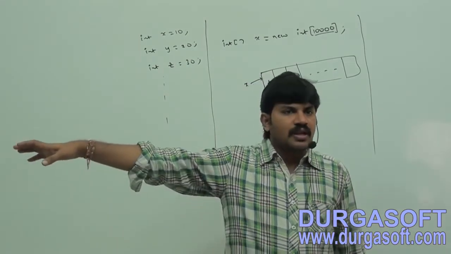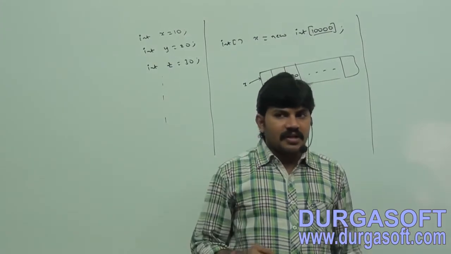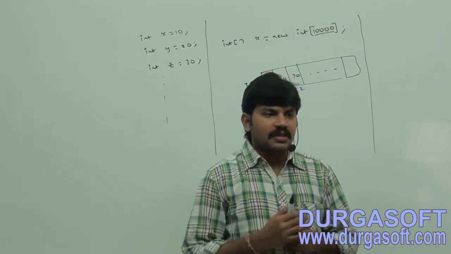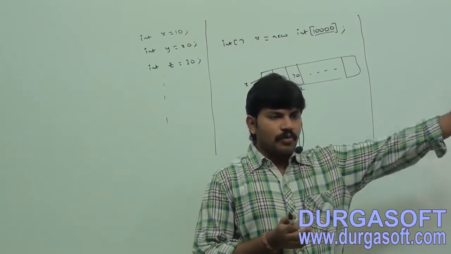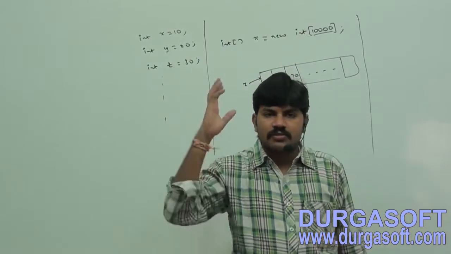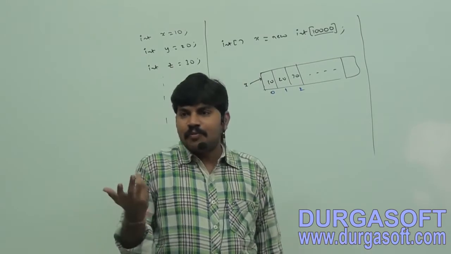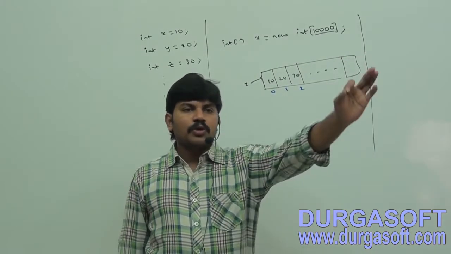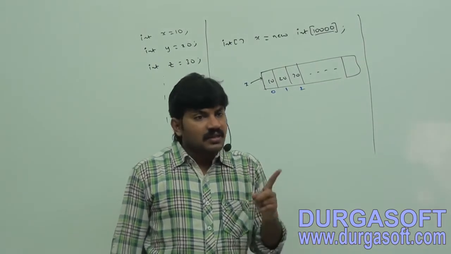The remaining 9,998 memory locations are wasted. Next time, I took a small room, 5 chairs, a small projector and a small board, and announced the batch. But at runtime 10,000 members came. My program is not in a position to provide support. That's why, if you want to use the arrays concept, we should know the size in advance.